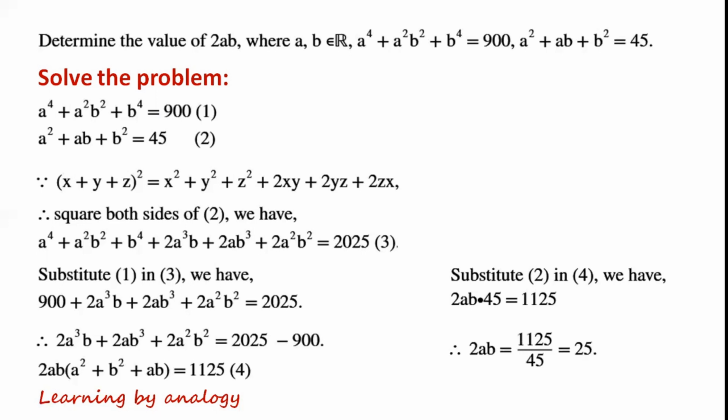By rearranging the equation, we have 2ab equals 1,125 over 45, which is 25.